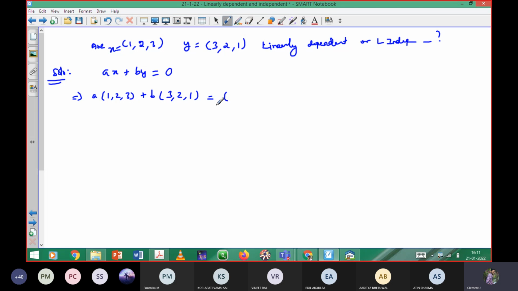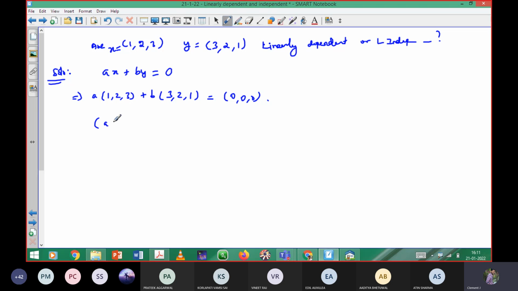All zeros: 0, 0, 0. Very good. You have to write the zeros as a triplet, because we are using the R3 space. After that, the remaining steps will be easy.